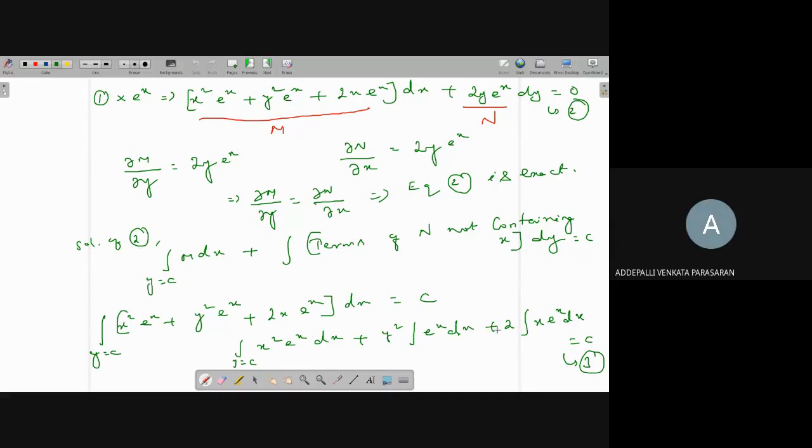The first part is x square into e power x. Yes, sir, x square into e power x plus e power x into 2x. So that's 2 into the integration of x into e power x. Yes, that's nothing but e power x into x square, when integrated, sir.